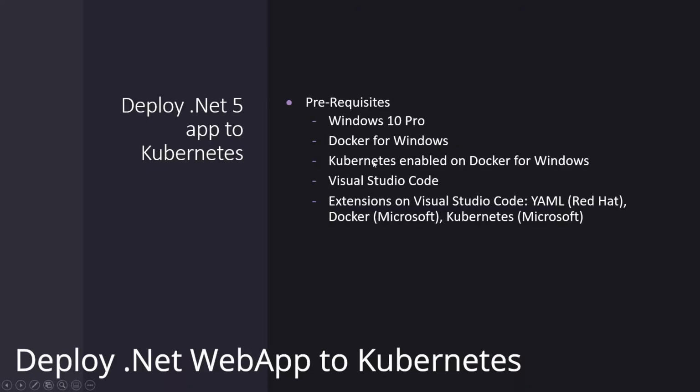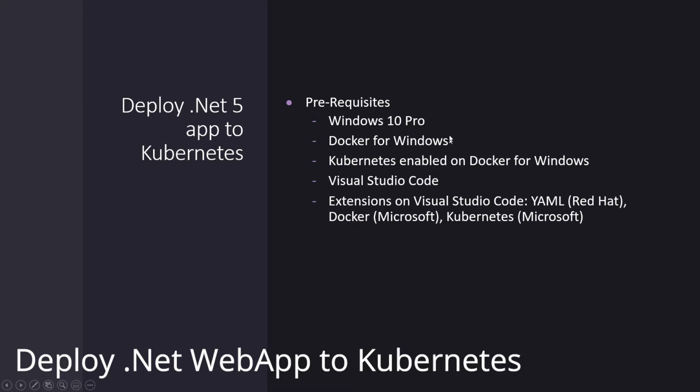Here are the prerequisites that I use specifically for deploying a web application to Kubernetes. I'm using Windows 10 Pro, and for this example, I've installed Docker for Windows. Once you've installed Docker for Windows, you can then enable the Kubernetes services.